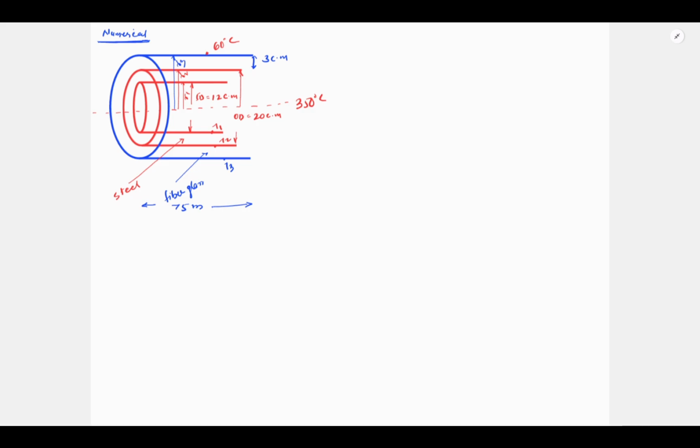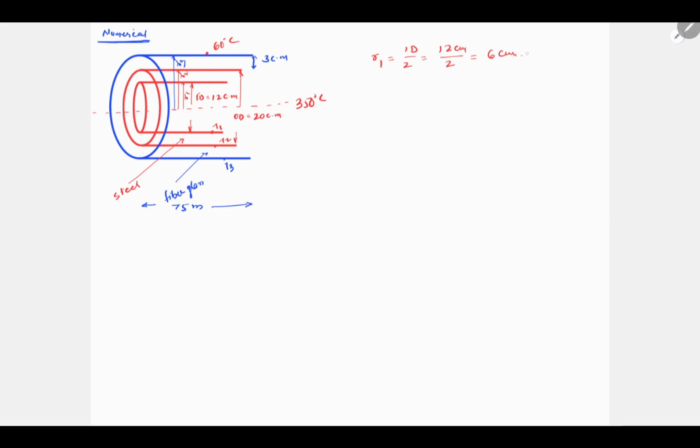As inside diameter is 12 centimeter, R1 is equal to ID by 2, that is 12 centimeter by 2, equal to 6 centimeter.